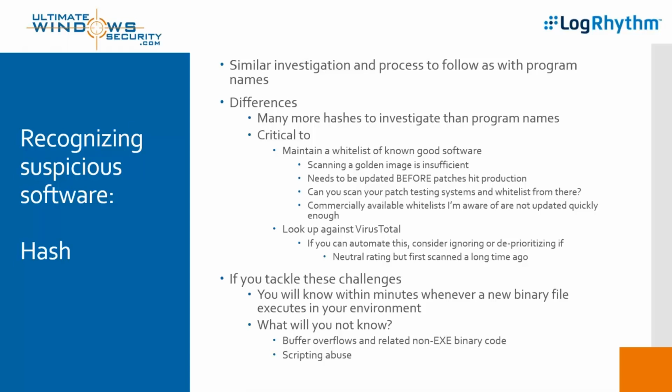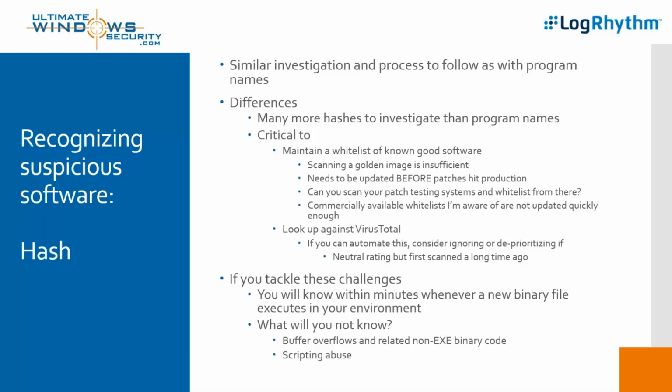So it's critical to maintain a whitelist of known good software that has to be very, very, very up to date. Simply scanning a golden image is insufficient unless you're not patching your systems. But if you're not patching your systems, that's a whole other problem. So this whitelist needs to be updated before a patch hits production.